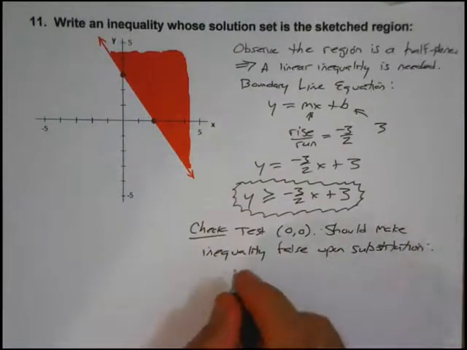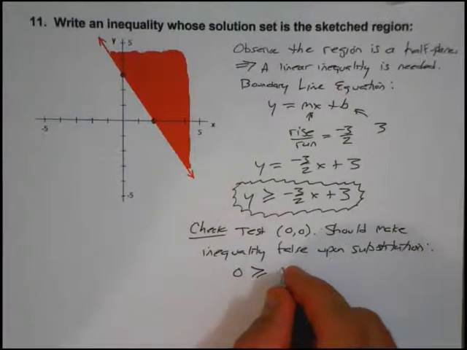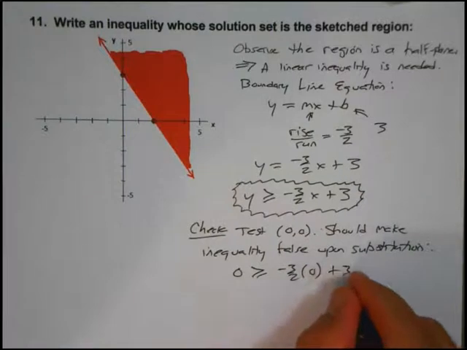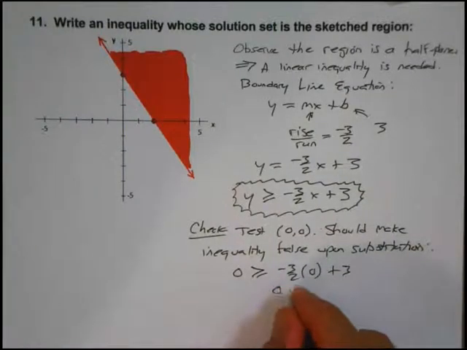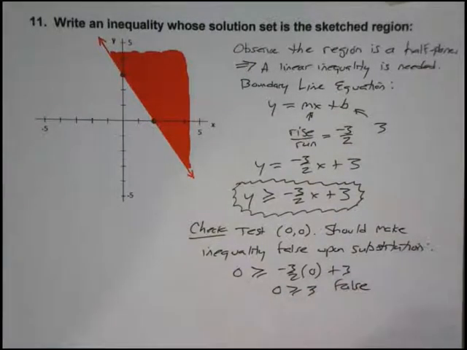Let's see what happens. 0 for y: 0 greater than or equal to negative 3/2 times 0 for x plus 3. What about 0 being greater than or equal to 3? Okay, that's false. That's what we wanted to see. So a little bit of confidence in our answer. Looks good.